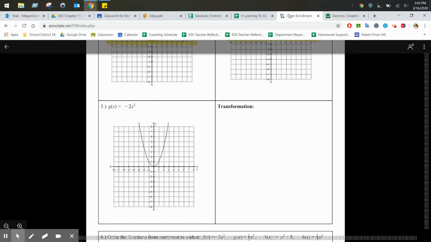So I get a vertical stretch, meaning that it's getting narrower, when I multiply by a number larger than 1.